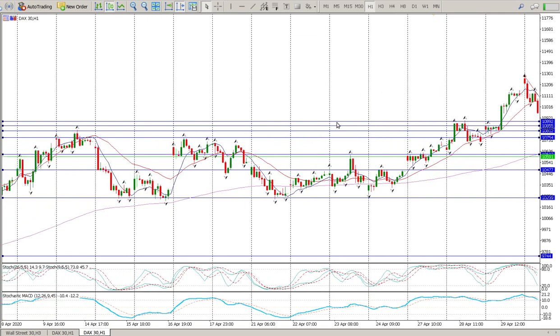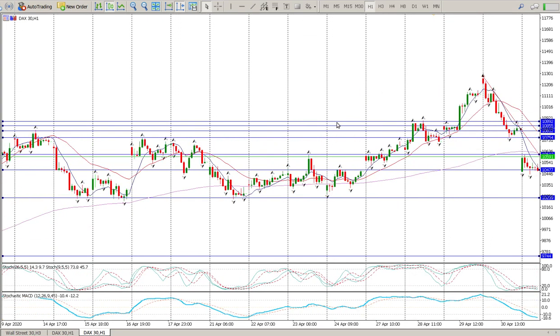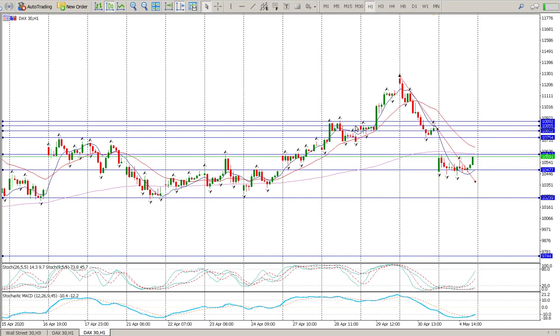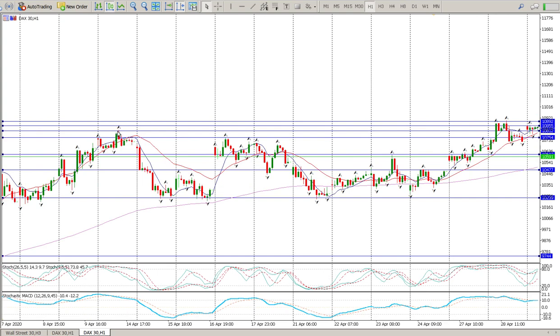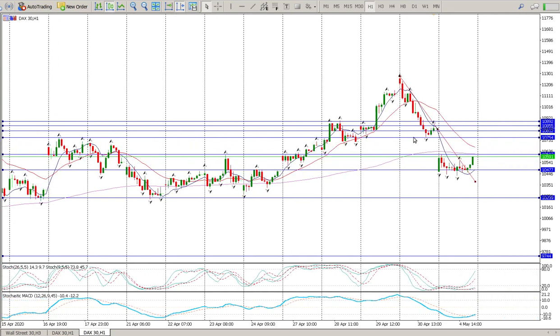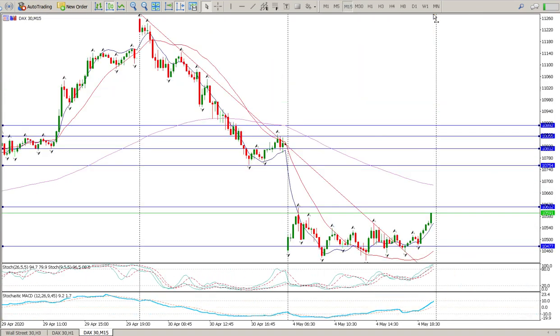Okay, so those areas there are pretty much where you've got some support, where you've got resistance there. And what we're looking for is this top of range to go and then find support on that level. Okay, so plan of action for me is fairly simple.